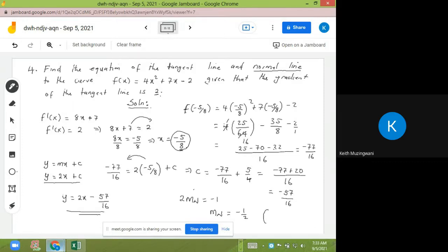The point is negative 5 over 8, comma, I'm looking for the y value that we found. Negative 77 over 16. Okay, negative 77 over 16.